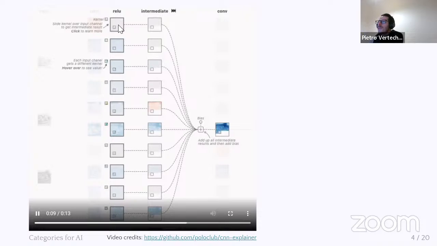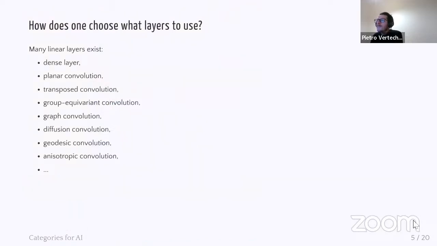The way it works is that it's sliding a filter, actually several filters, each against all the regions of a bunch of images, and then it's computing all the results, summing them together and combining them to achieve an output. This has a lot of interesting structure, but of course it's not the only layer that you could have used. Many alternatives exist.